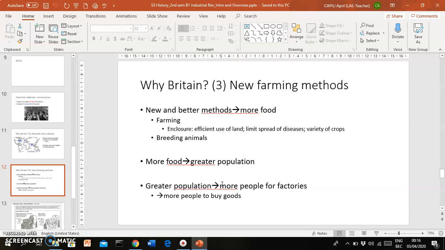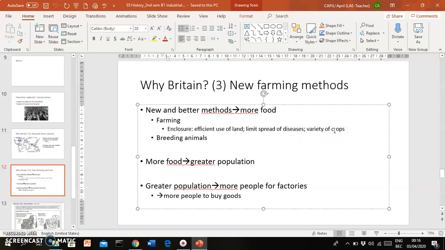For instance, in farming, you have the enclosure system, which was introduced around this time. That meant farmers could use their land more efficiently. They could limit the spread of diseases, and they could produce a greater variety of crops. That's not only good for business, but also good for the soil.